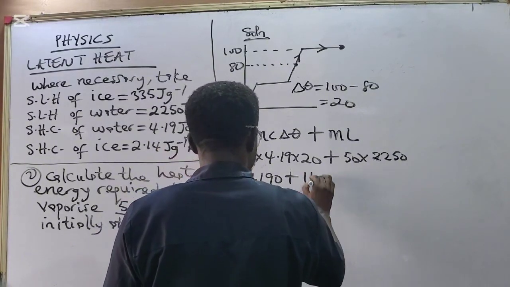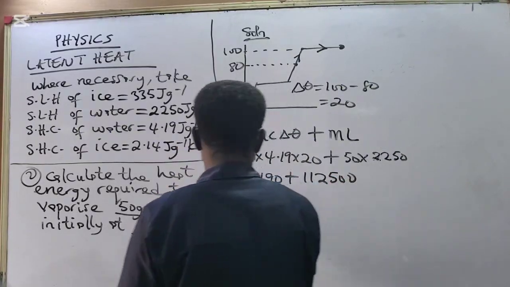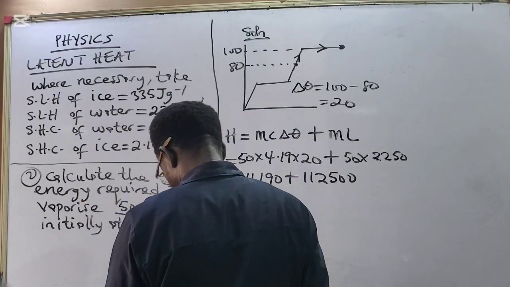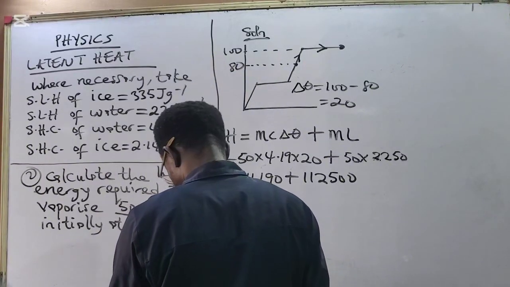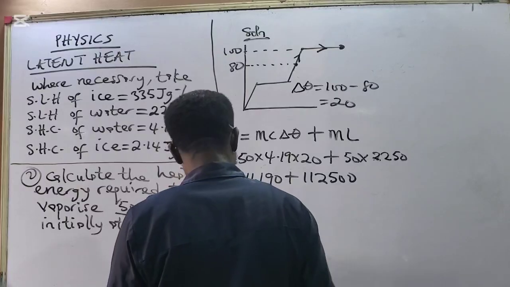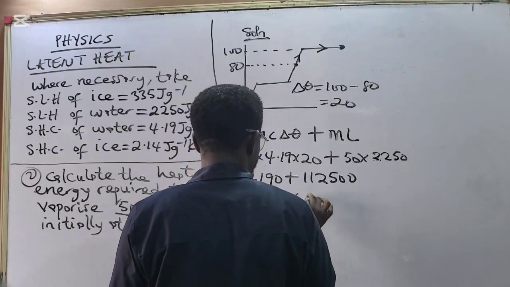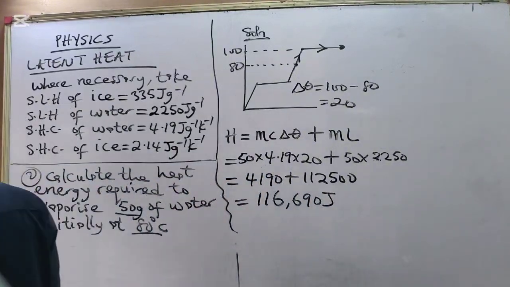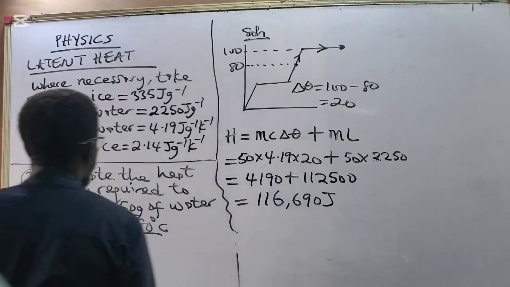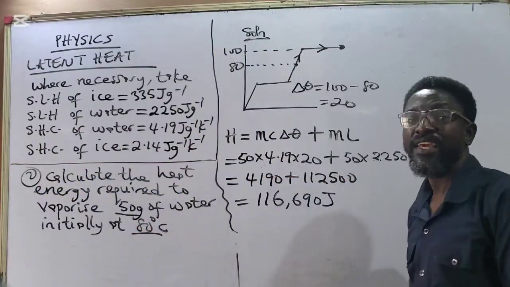Now that is 112,500. Adding the two, we get 116,690 joules of heat. That is the heat required to vaporize 50 grams of water initially at 80 degrees Celsius.